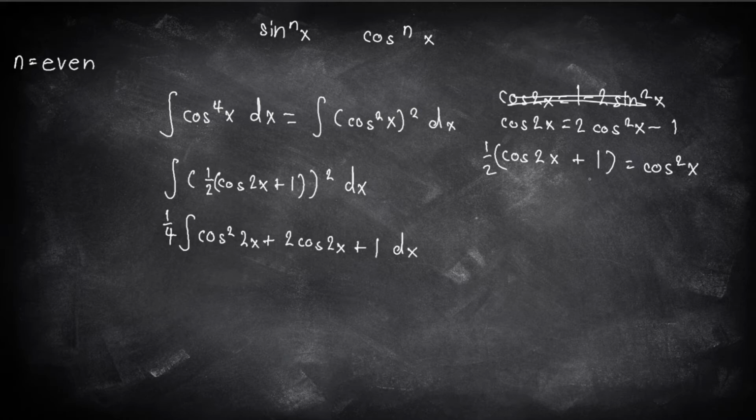So substituting back to this formula, we have 1/4 the integral 1/2 parentheses cosine 2. We substitute 2x into this x, so 2 times 2x is 4x. And then we add 1. And then we have the rest of these terms. So plus 2 cosine 2x plus 1 dx. Okay.